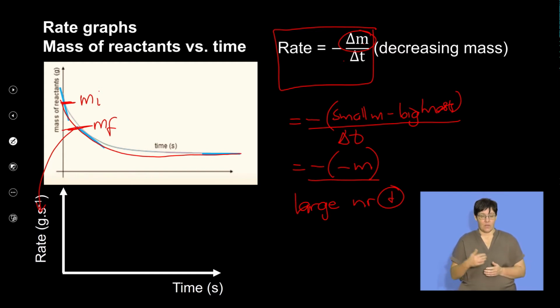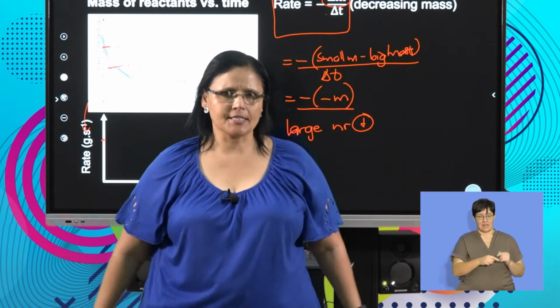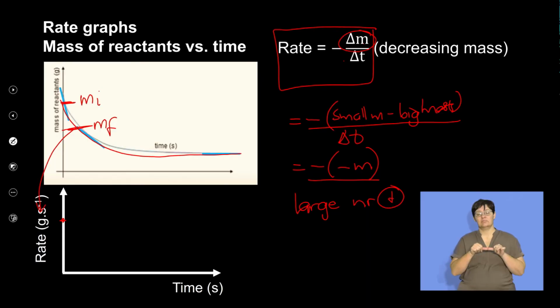So if we want to plot this on the graph of rate versus time, that first big number can be plotted as a significant number on my vertical axis, or my rate of reaction axis. If we work out a tangent line of the gradient, maybe at that point, again we will have an initial mass and a final mass.